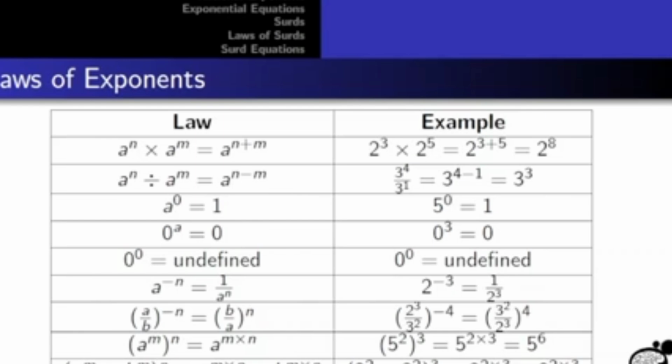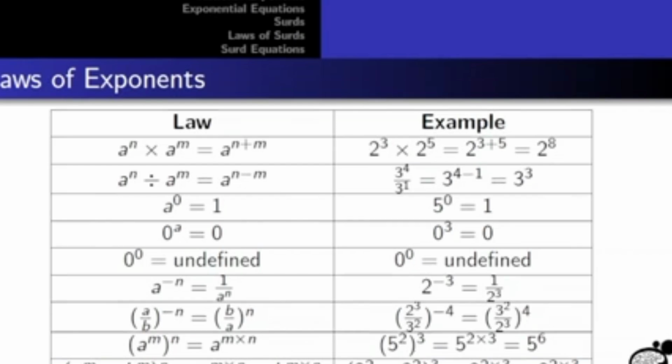And then the last law is when a to the power m is raised to an exponent of n. The exponents will multiply each other, but the base will be the same. Those are the laws of exponents.